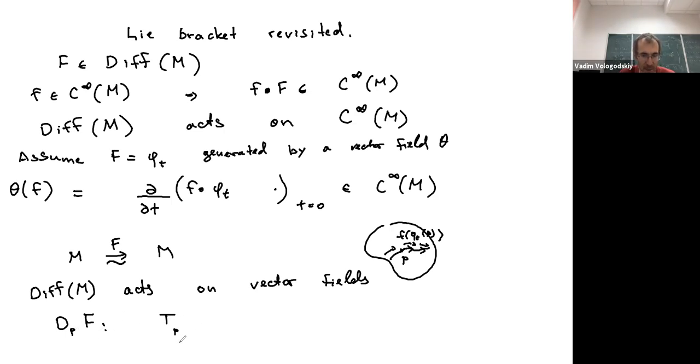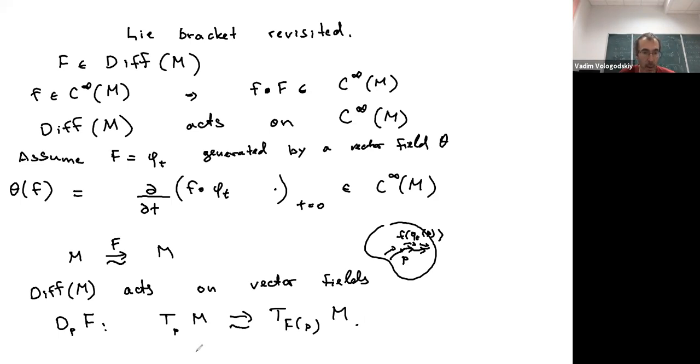But I see that the English tradition, probably not the American English tradition, is to call it derivative. Okay, I stick to this. So T_P M goes to T_{f(P)} M. Because f has an inverse, this map also has an inverse, given by the differential of the inverse map. So in particular, this is an isomorphism of vector spaces.